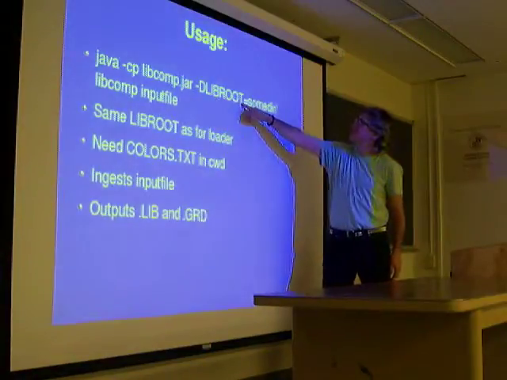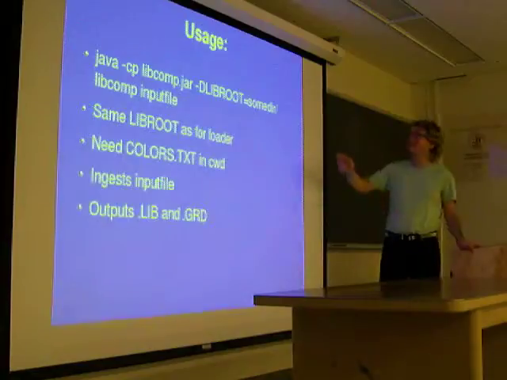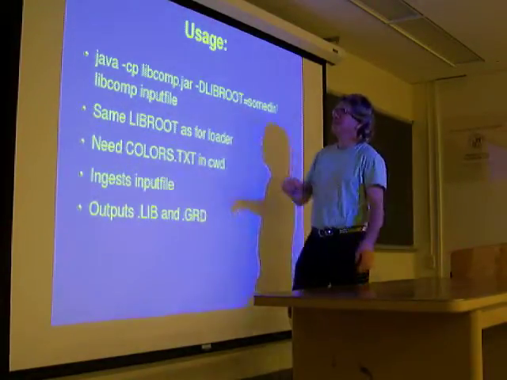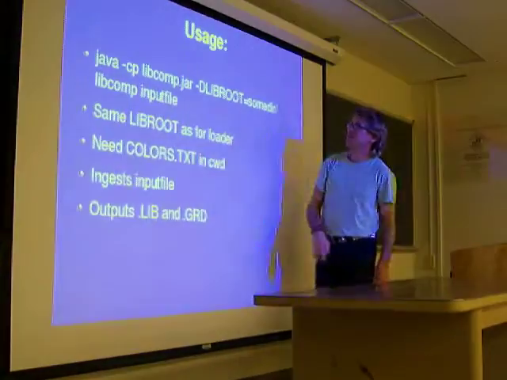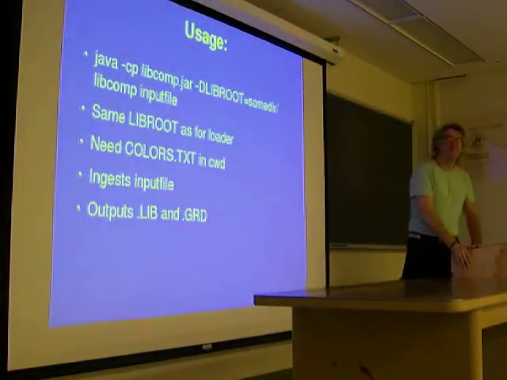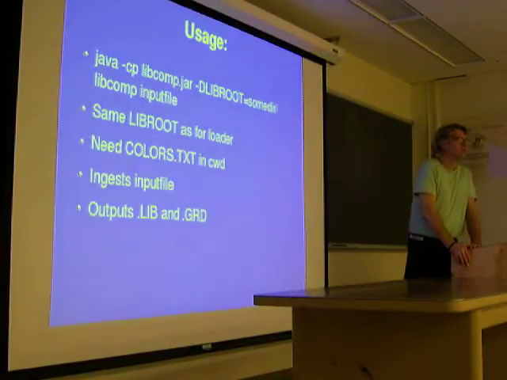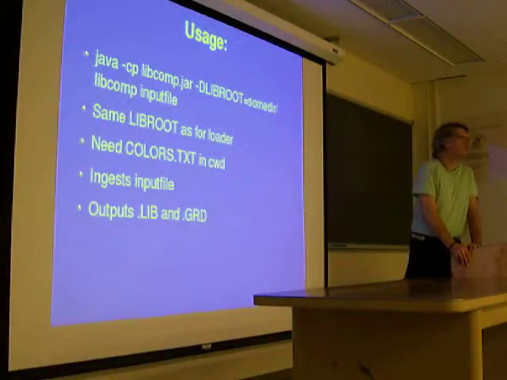The slash is critical. Then libcomp is the name of the compiler itself, and then you feed it the name of an input file. It has pretty minimal error checking. If something's wrong, it'll tell you something's wrong. I think it'll spit out a piece of the input file that it choked on, but it's not really good with diagnostics, so it's best not to make mistakes.